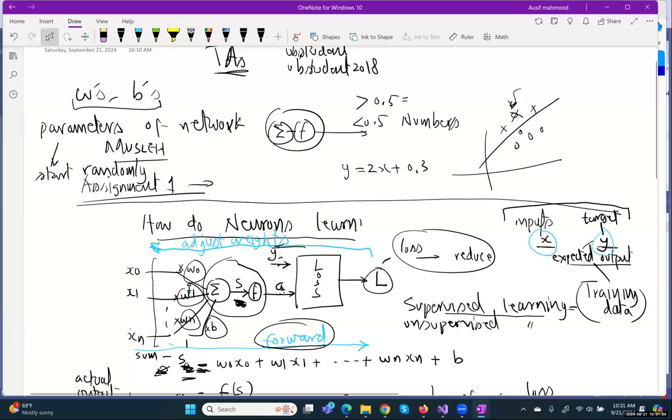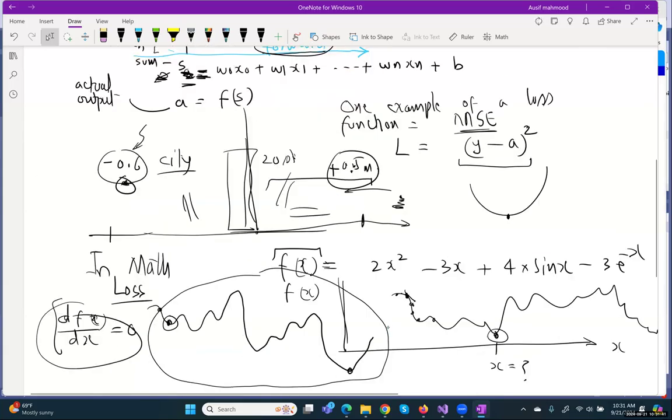But as soon as we start putting more and more neurons, the loss function becomes more and more complicated, so that we cannot easily determine the ideal value of the weights that will give us the lowest loss for the majority of the training data and will work well for unknown data, right?